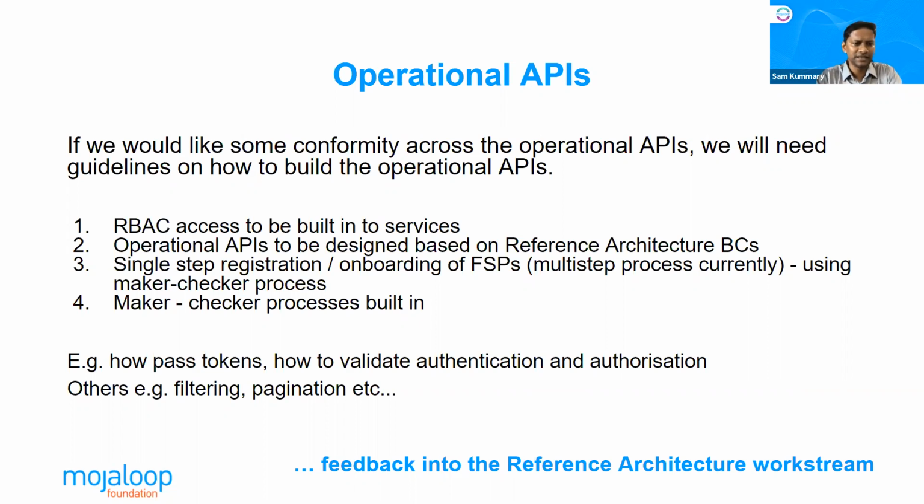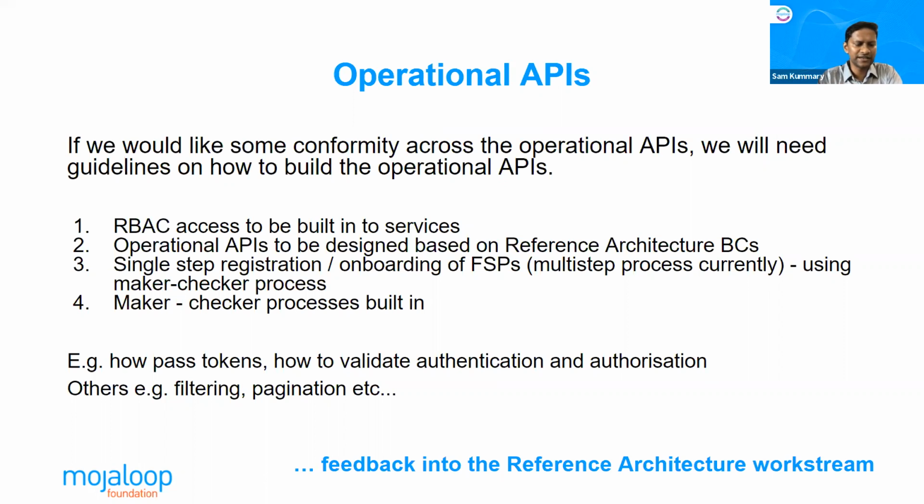For example, we want role-based access controls not just at the outermost point, but also built into the services, where we have token-based access and validation of authentication and authorization, and filtering built into the services. We talked about these APIs also conforming to the reference architecture, bounded contexts, and best practices laid down there.